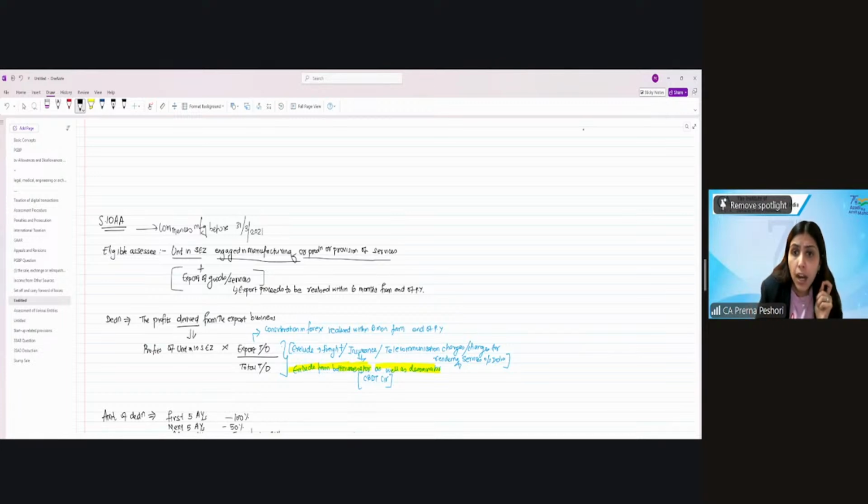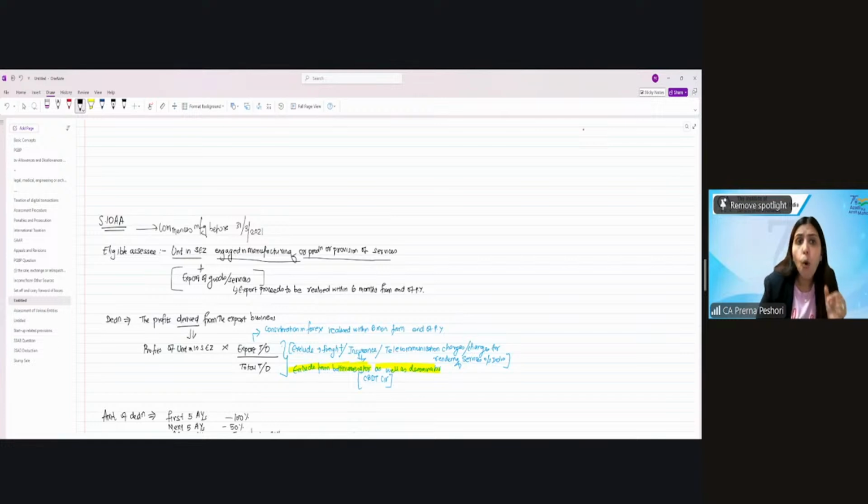It should not be used for distribution of dividends, for remittance outside India, or for creation of any asset outside India. In case you misutilize or you do not utilize within the 3 years period, then the deduction which you have been given, or the amount which is not so utilized or misutilized, shall be deemed to be profits. Are we clear?